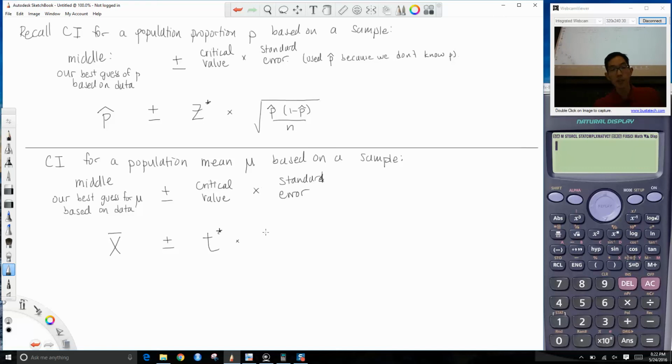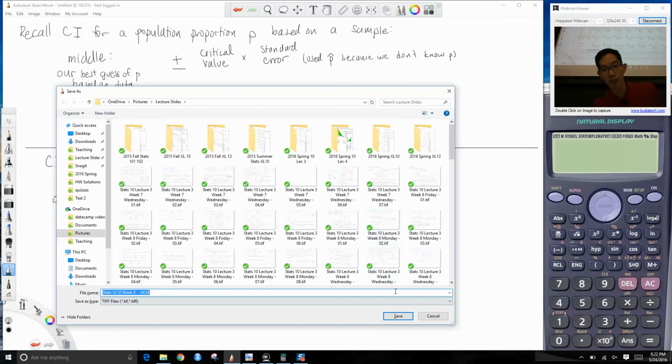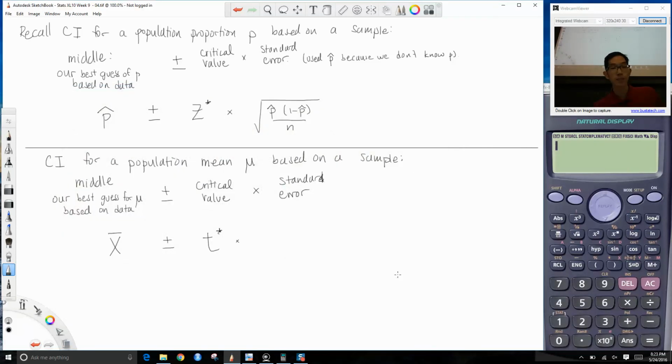And our standard error, what was the standard error just on the previous page for the sampling distribution? Earlier in your notes, we had the standard error was, don't write it here, sigma over the square root of n. This is the standard error from the sampling distribution. Can I use sigma over the square root of n here?